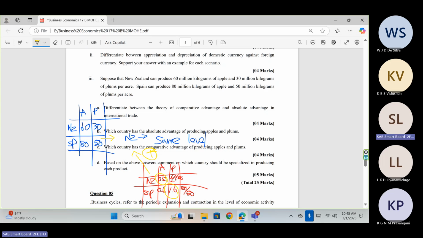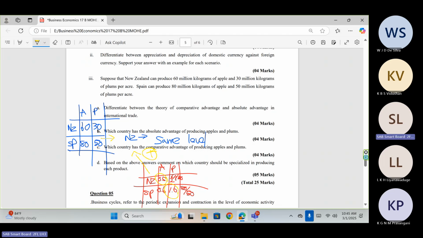Based on the above answer, comment on which country should specialize in producing each product. Now, writing down this answer, don't write, as I said to you, New Zealand should produce apple, Spain should produce plums. I always tell you to look at the marks, 5 marks.